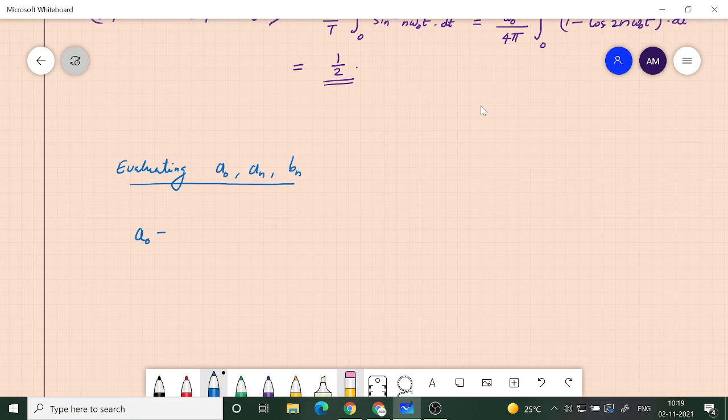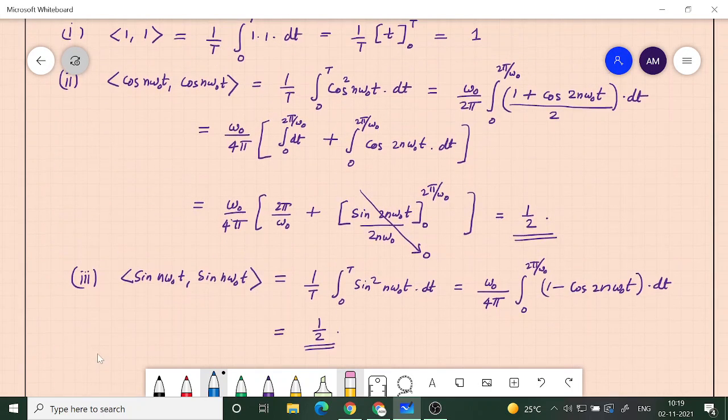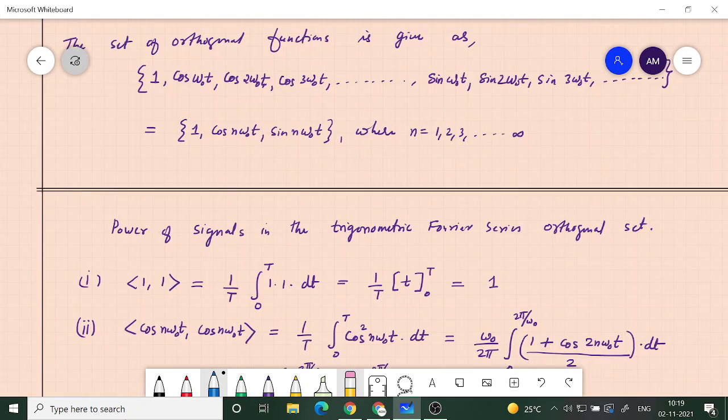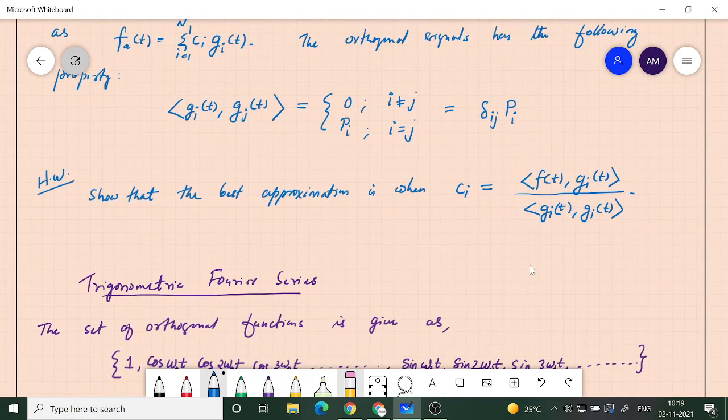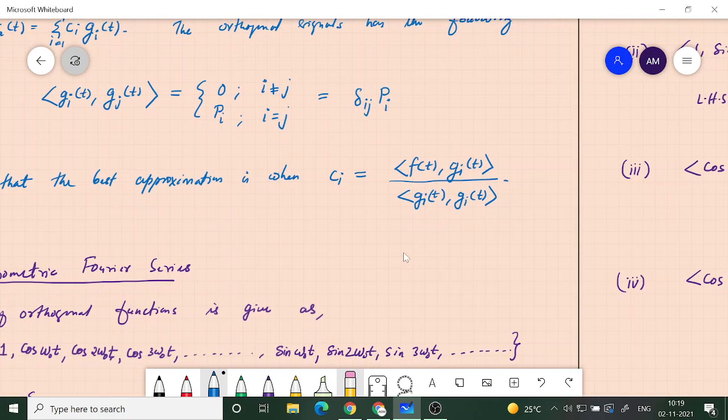Can you tell the definition? What is A0, based on the theory we learned? Go back to the theory. A naught is given by what? Any constant is given by this formula. Okay, this is the formula for best approximation.